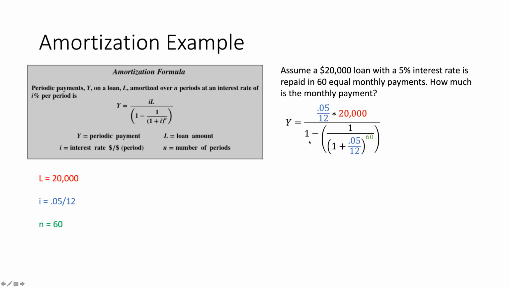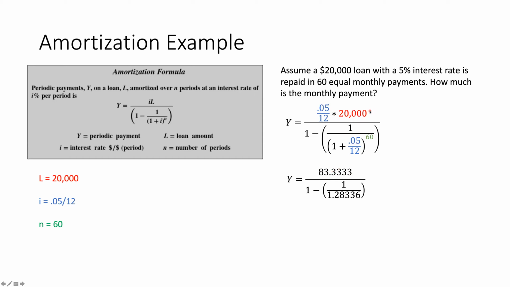Make sure when you do these calculations that you write this step carefully before doing any arithmetic on it. Once we have that step, we can start to simplify. And we have to be really careful with order of operations here. This number on top, the 83.333, comes from multiplying 0.05 over 12 times 20,000.